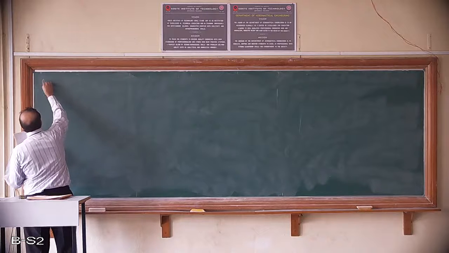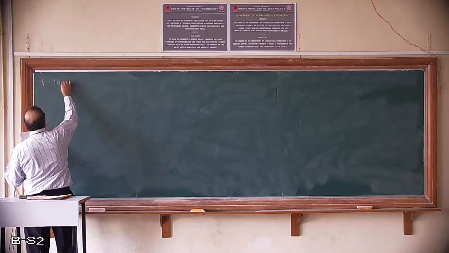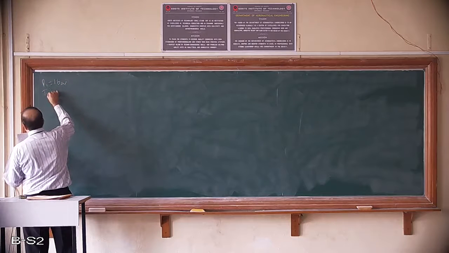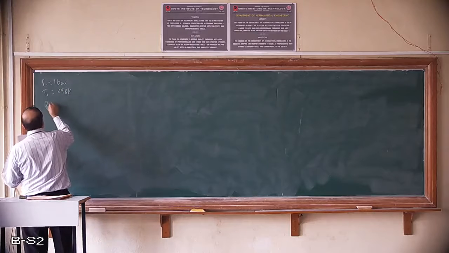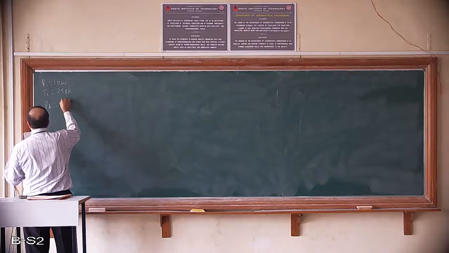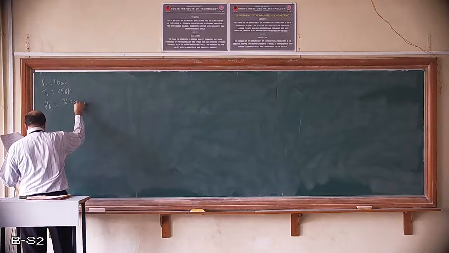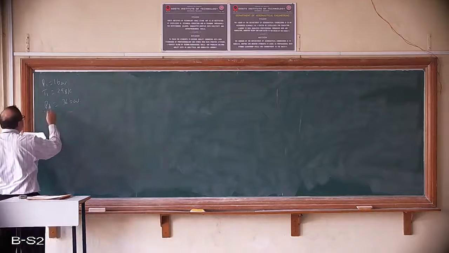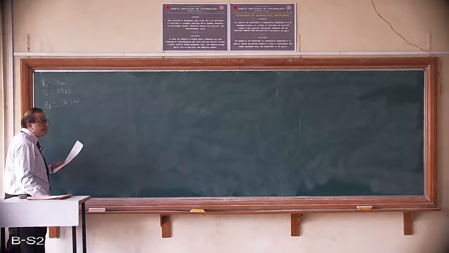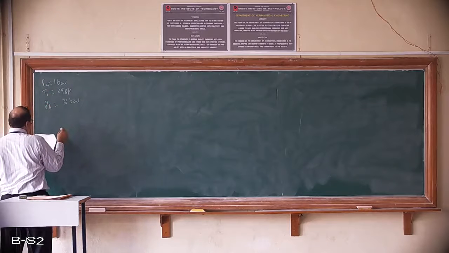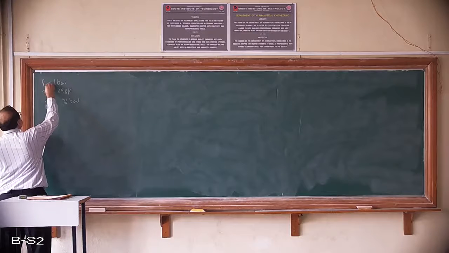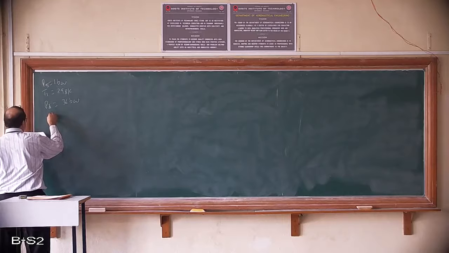Air P1 is given at 1 bar, T1 at 298 Kelvin, PD is given as 36 bar, delivery pressure. We don't know the stage, so I am writing it as PD and this as PS, supply pressure, and N is equal to 1.3.